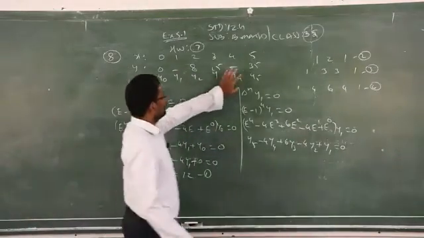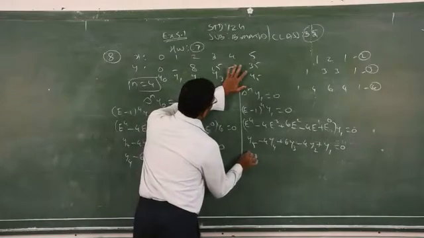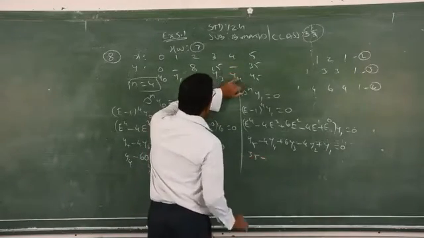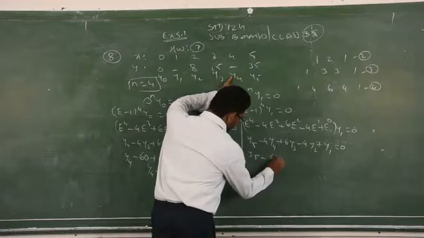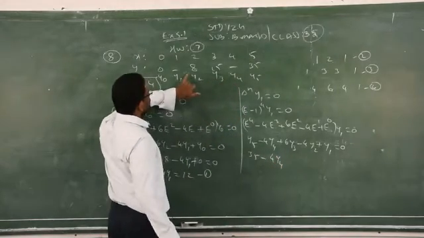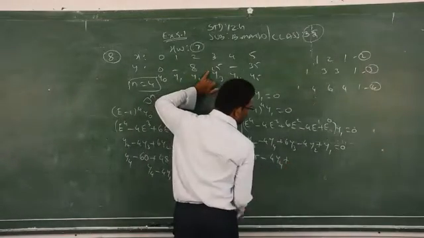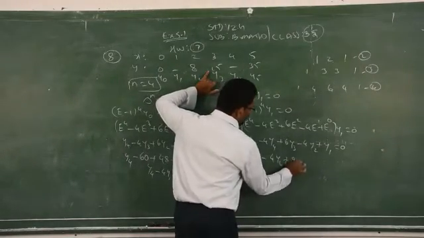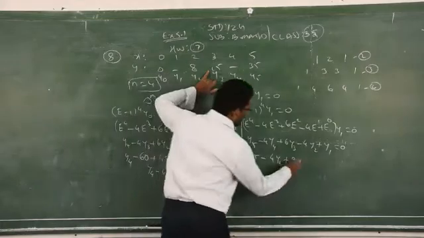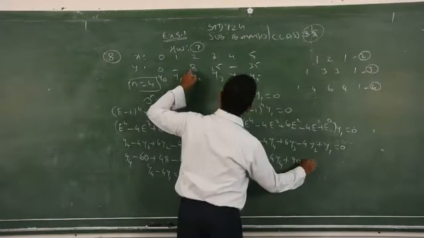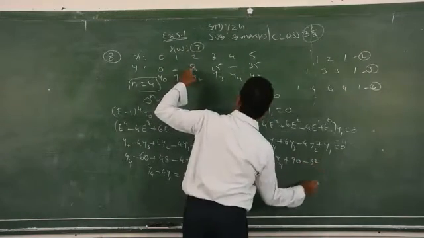Now we have to substitute y5 by 35. I don't know what is y4. 6y3, 6 into 15. How much? 15 sixes are 90. Minus 4y2, 8 fours are 32.